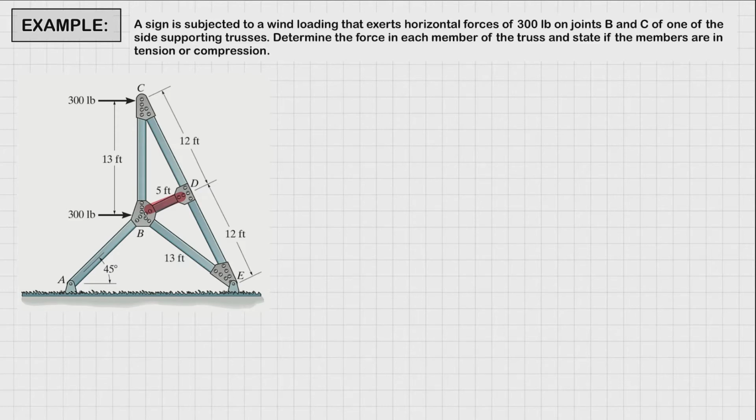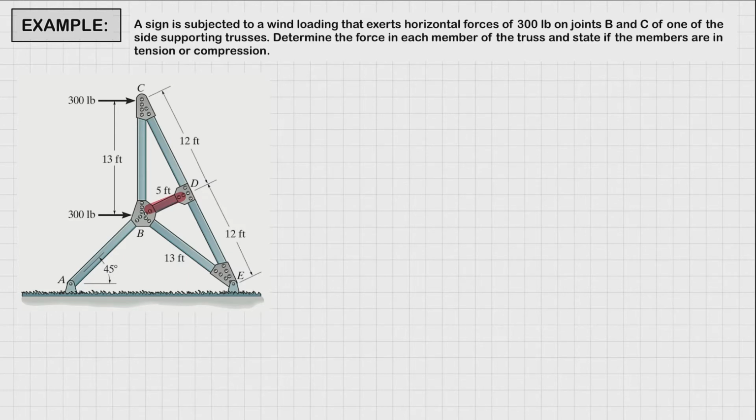Alright. So next, since we're going to be determining all the forces in all our members, we're going to apply the method of joints. Now, in choosing which joint we should start with, we're going to pick a joint that has at maximum only two unknowns.